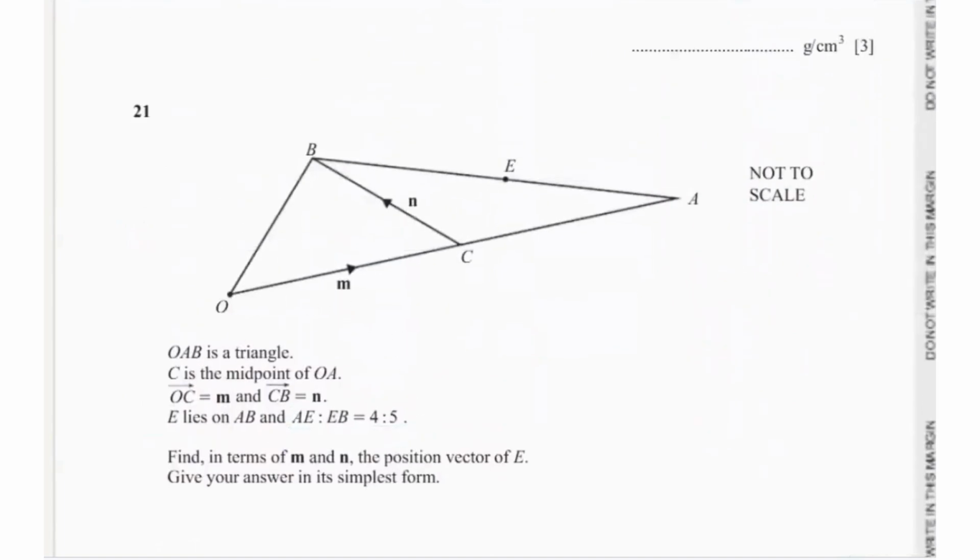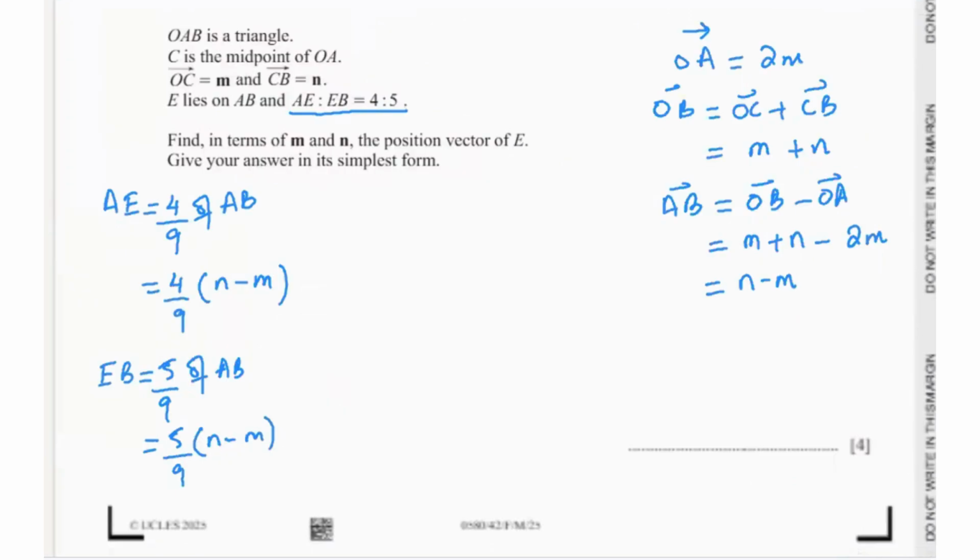Now in the diagram, OE is this. So we can find OE by adding OA and AE because we have that, or we can also do OB plus BE. Either way, you'll get the same answer. So I'm going to do OE equals OA plus AE. I'm going to choose that.